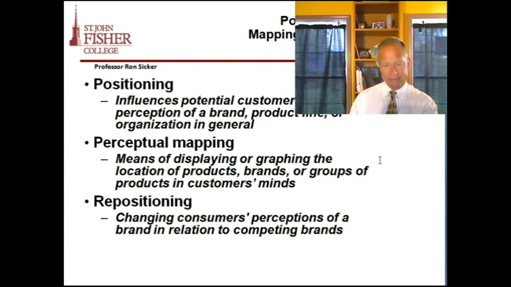That would be AT&T, who's positioned with, say, Verizon. So perceptual mapping is a way of looking at that positioning against competition. For instance, we just talked about Sprint. Sprint is positioned low end against their competition, which is AT&T, T-Mobile, and Verizon.